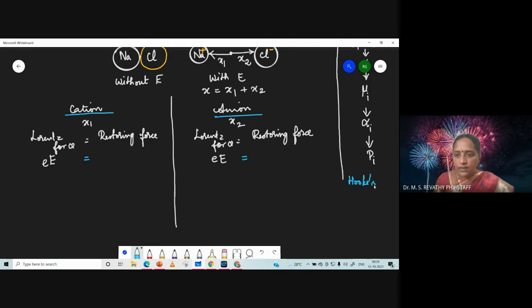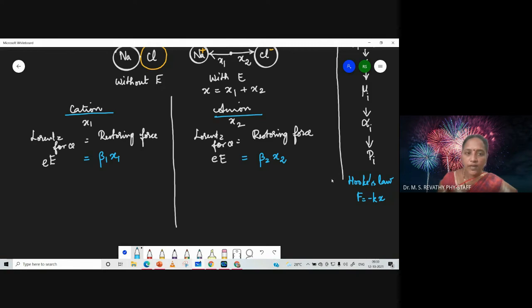Hooke's law: stress is directly proportional to strain, and force is equal to minus kx, where k is the spring constant. This k I am just going to replace by beta 1 into x1, and here it is beta 2 into x2.